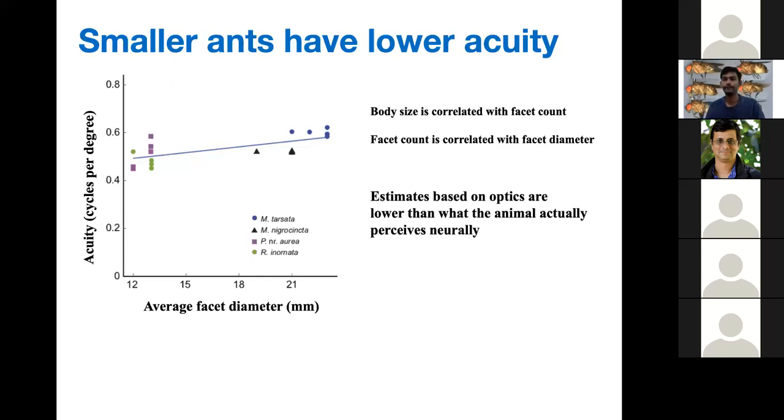Yeah. In which you're taking account of not just the facet size, but also the pseudopupil, which gives you some sense of the degree of dark adaptation, the movement of pigments within the ommatidia, and so on. It would also work, for instance, for the superposition eye.